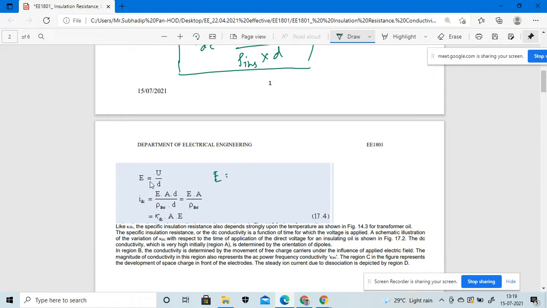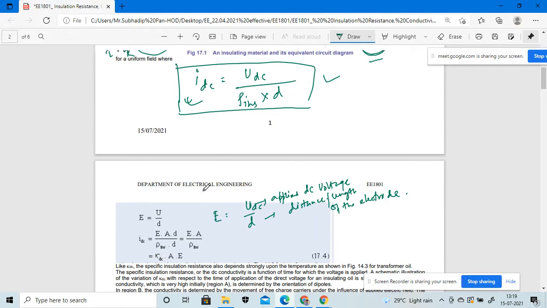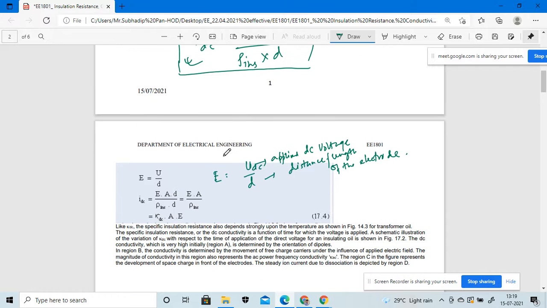So E is equal to U by d, where U is the applied DC voltage, U of DC, and d is the distance, or we can say the length of the electrode, right?